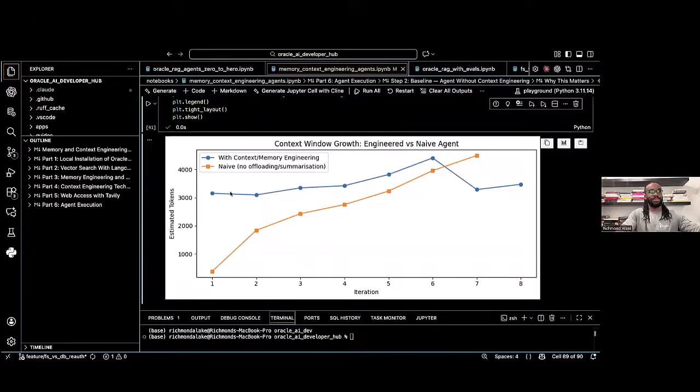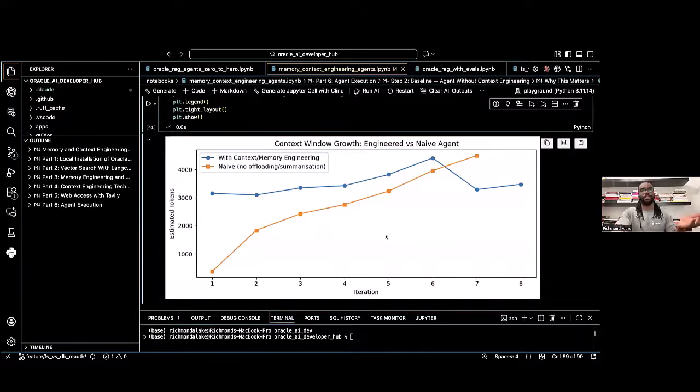But you can see that the jump between token usage is not high. It can even start to reduce when we bring in things like summarization and context offloading. So you can see the tokens reduce and then we go on a stable increase. But with a naive agent, we just keep going up, and the jumps are more prominent between each iteration.